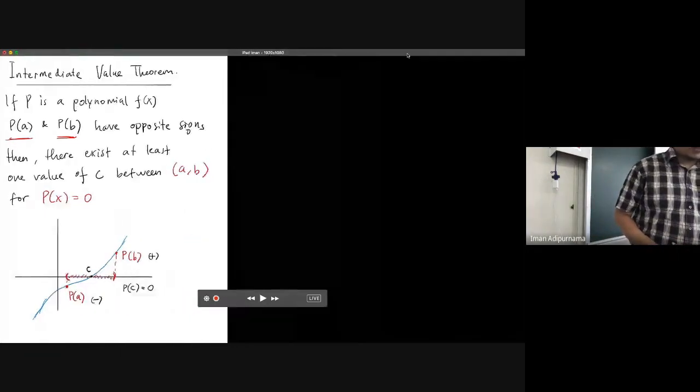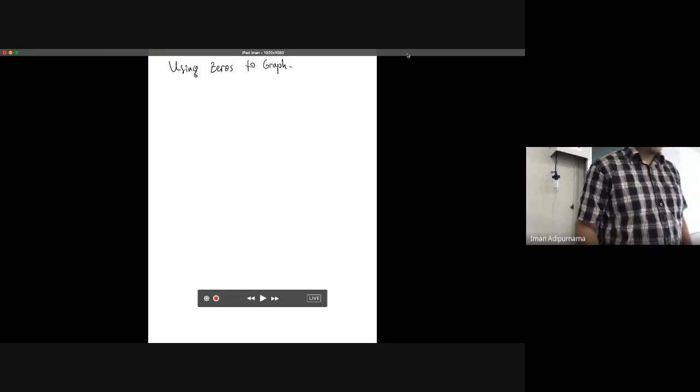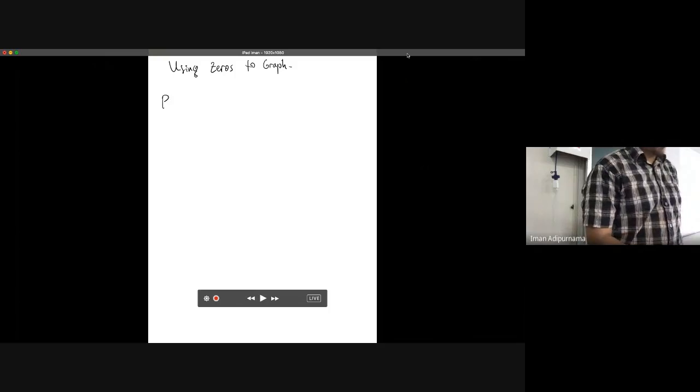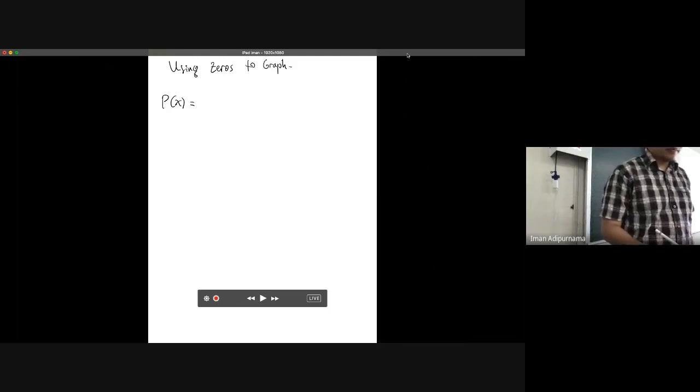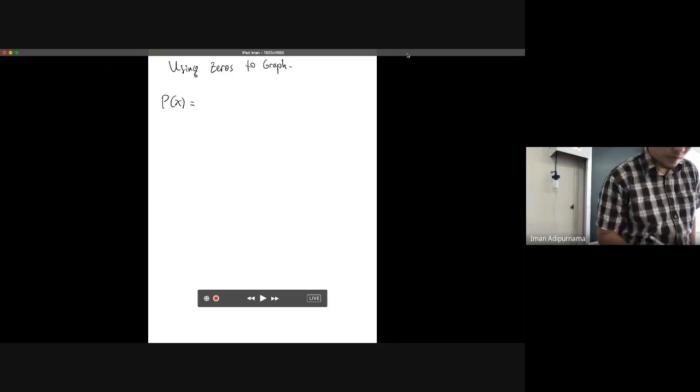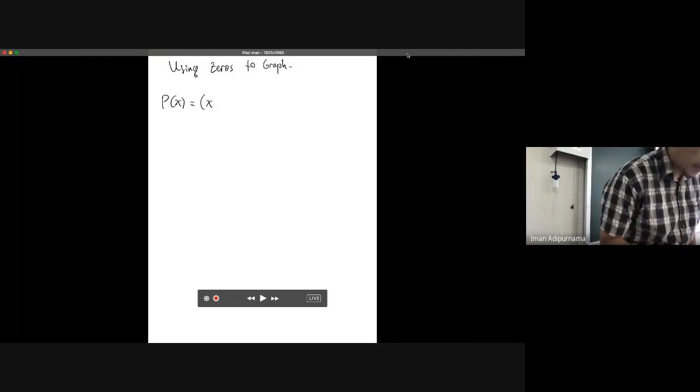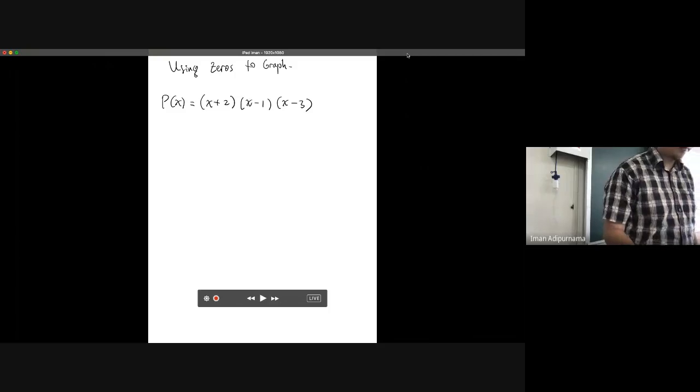So that's the intermediate value theorem. And then another thing is we can also use zeros to graph our function. For example, if I have my polynomial function in factor form, let's say the factors are x plus 2, x minus 1, and x minus 3.